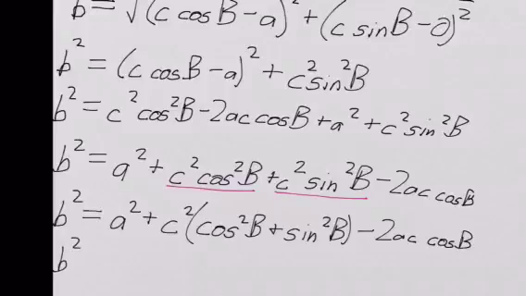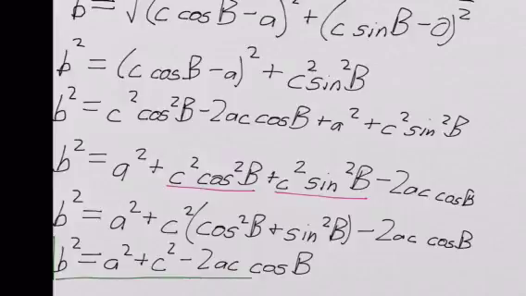So we get b squared is equal to a squared plus c squared minus 2ac cosine B. So that is one form of the law of cosines.